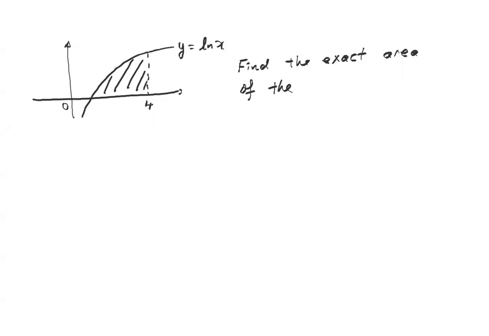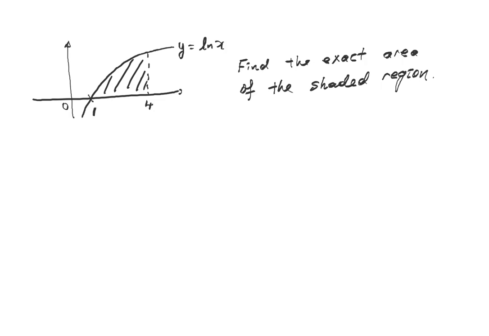Find the exact area of the shaded region. Okay, how are you going to do it? If they didn't say exact area, I can just use my graphic calculator and get the answer. I just do the definite integral.